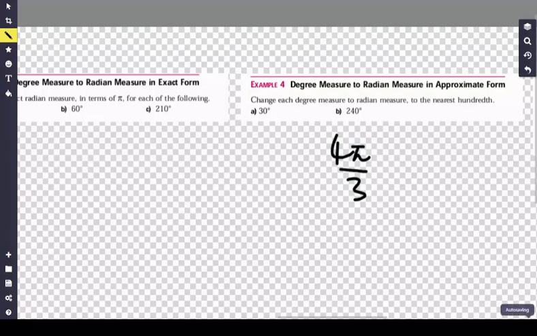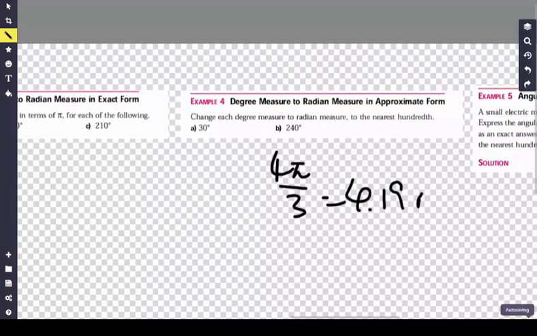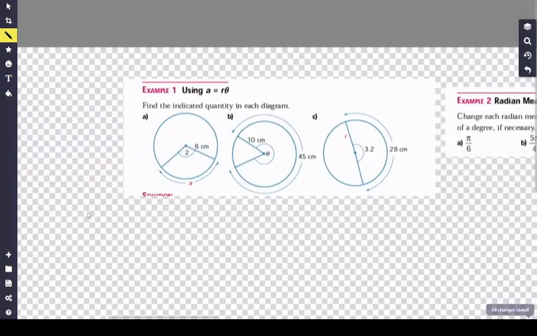And now let's literally just calculate 4 times pi divided by 3. That's going to give us 4.18888, which rounds to 4.19 radians. And therefore, we're done.